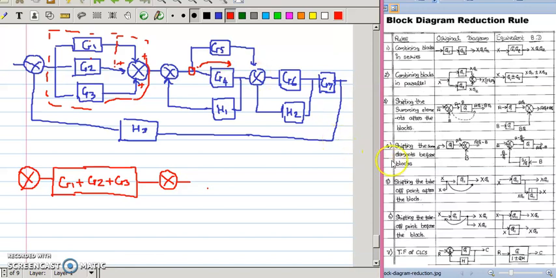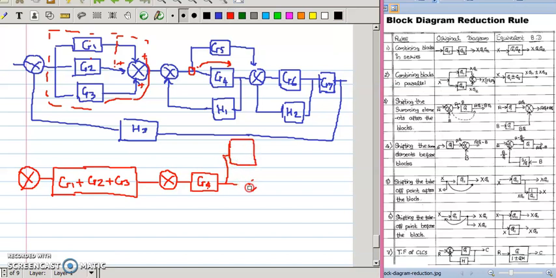Takeoff point after the block, that means rule number 5. When we shift the takeoff point after the block, it becomes division, right? So just shift this takeoff point. So this is G4, and this is as it is.